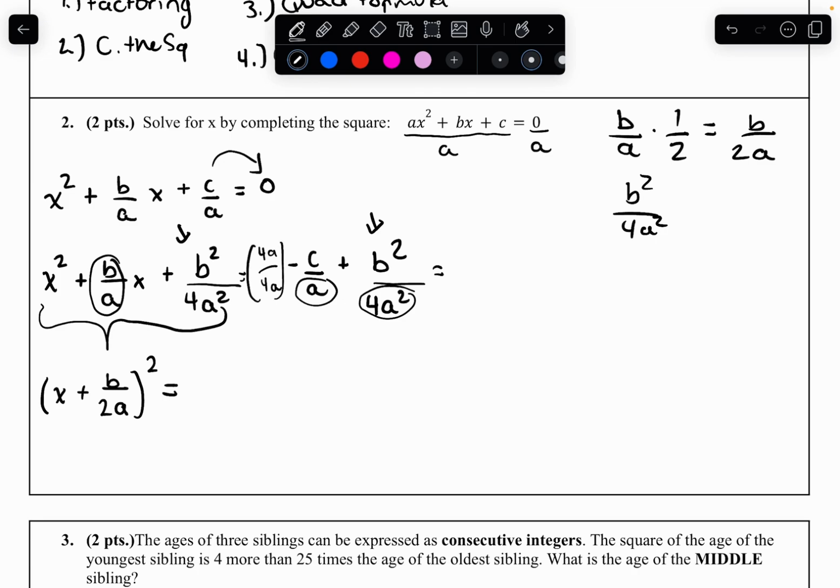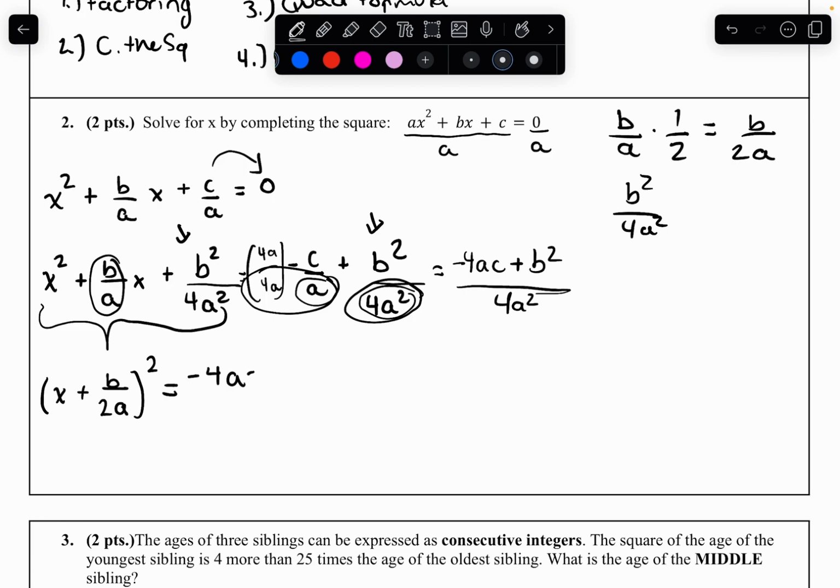So 4a times negative c is negative 4ac plus b squared over 4a squared. I can write them now under a single fraction because they both have the same denominator, so I'm allowed to do that. Negative 4ac plus b squared over 4a squared.